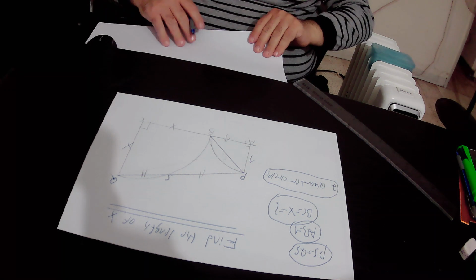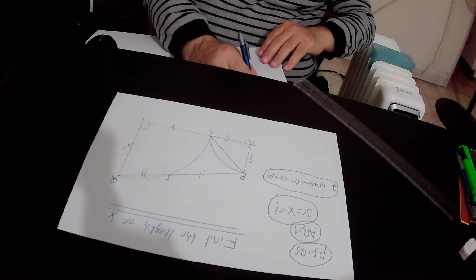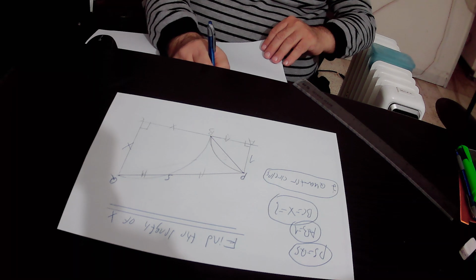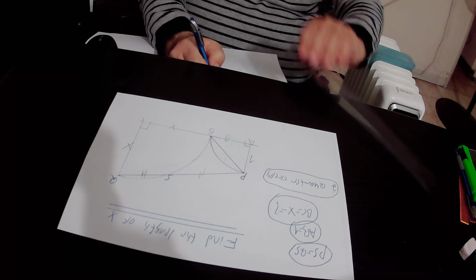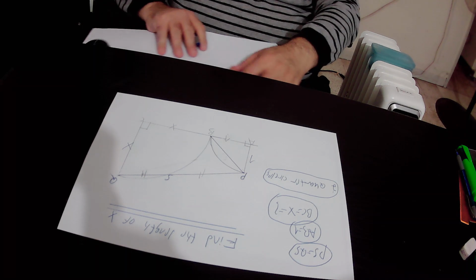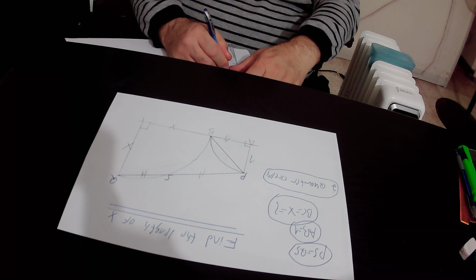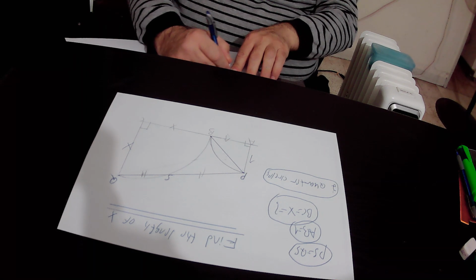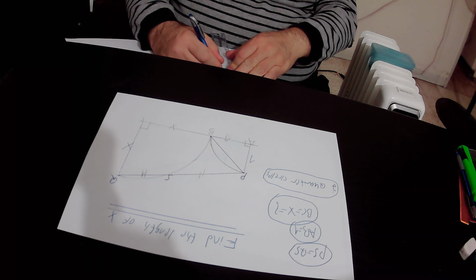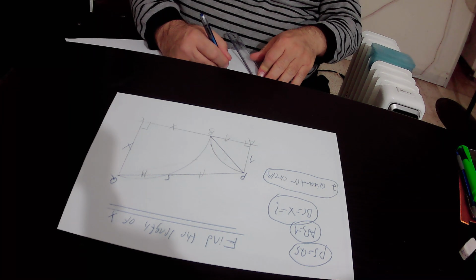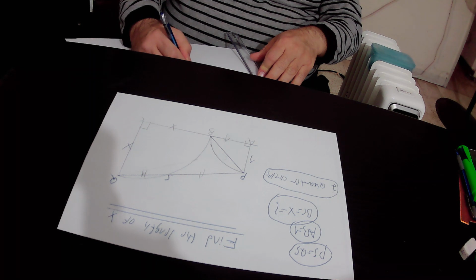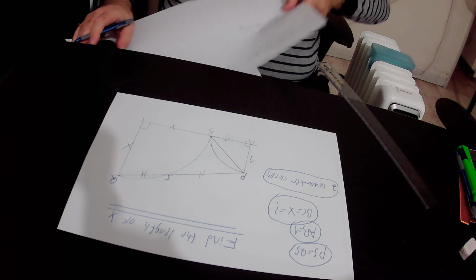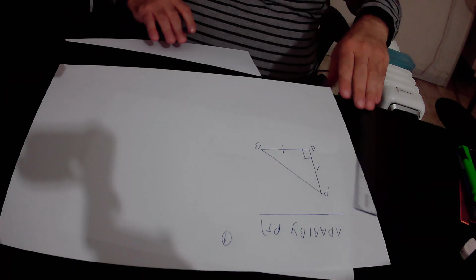Here is the relation for the Pythagoras theorem. So actually, this is the right triangle, triangle PAB, that I copied from the original drawing.